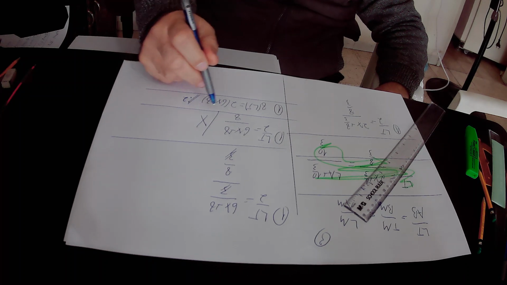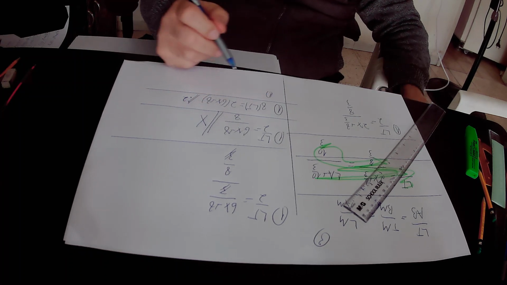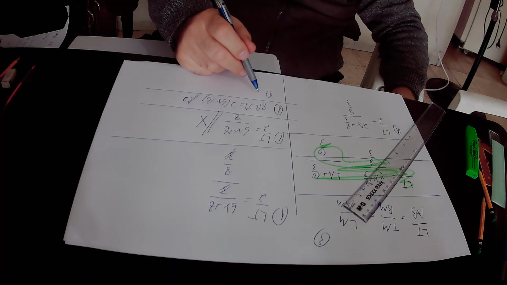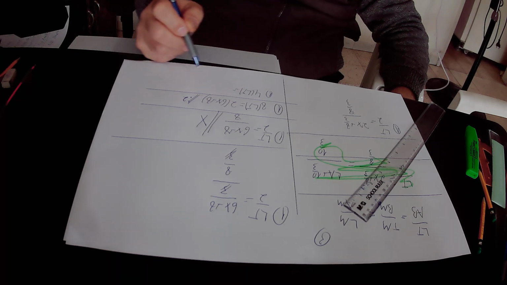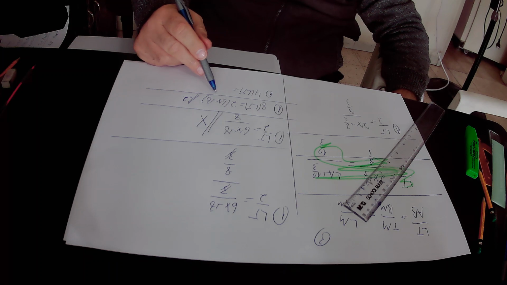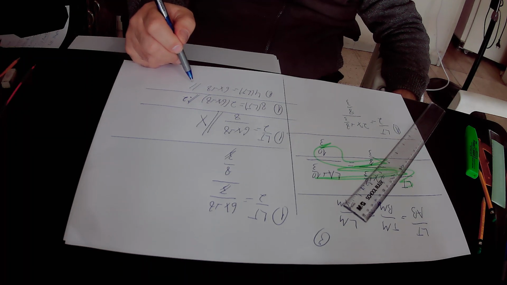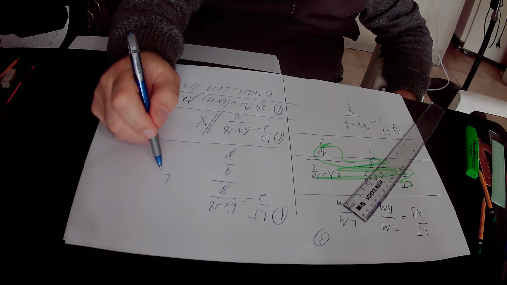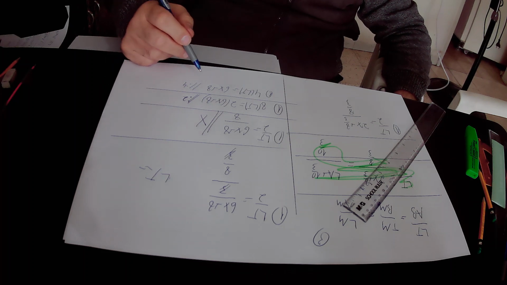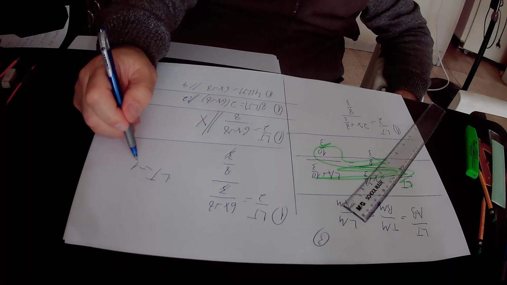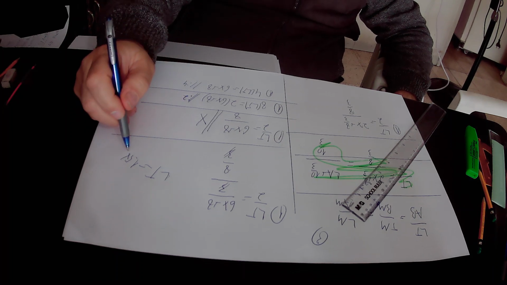According to equation 1, 8 over 2 is 4, so on this side of the equation we have 4LT equals, here 2 over 2 is 1, so on the other side we are left with 6x plus 8. Then we divide equation 1 by 4, and finally we get that LT equals 6x over 4, which is 1.5x, plus 8 over 4, which is 2.